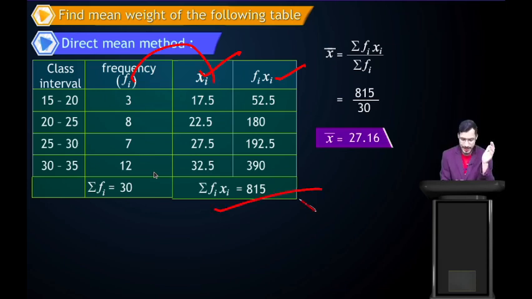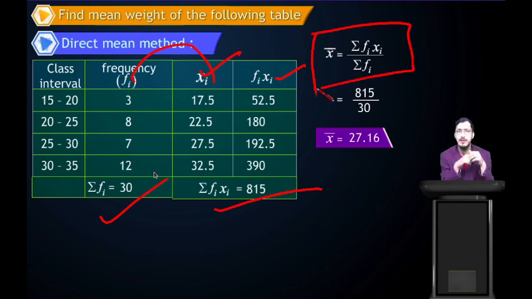Then we add fi xi, that is sigma fi xi, and sigma fi, the summation of all frequencies. Now we use the formula x bar is equal to sigma fi xi divided by sigma fi. Substituting the values, we get the answer 27.16. So by using the direct mean method we can find the mean.